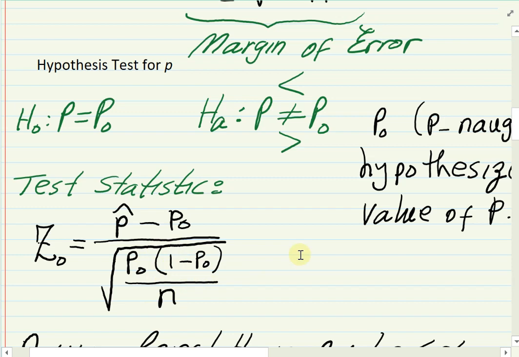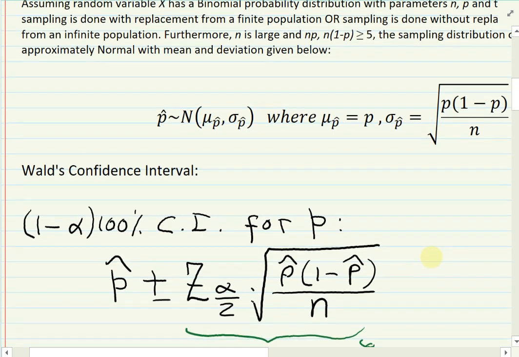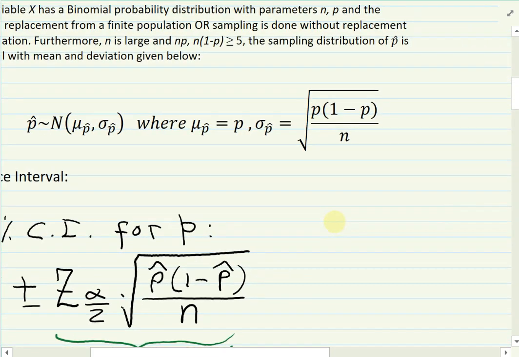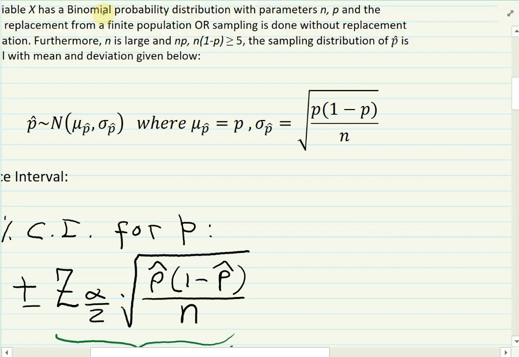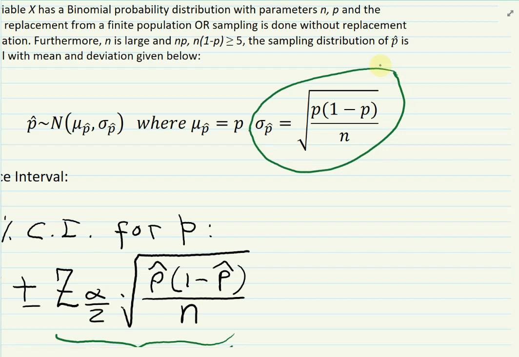Now, there's one thing you may have noticed here. Let me scroll back up and use my pen to do some drawings. If you look at this formula, this is the standard deviation of the normal sampling distribution of p hat.